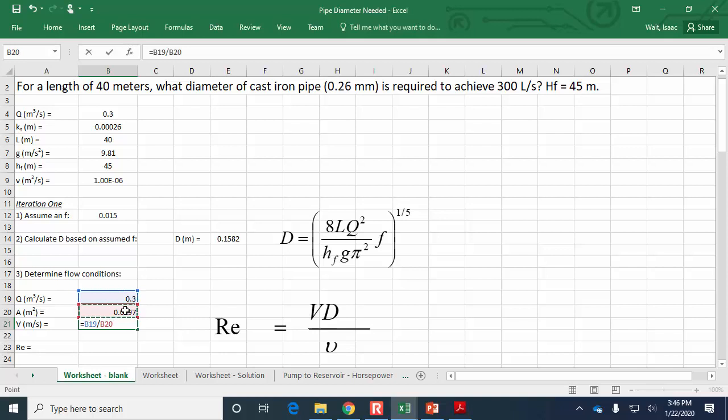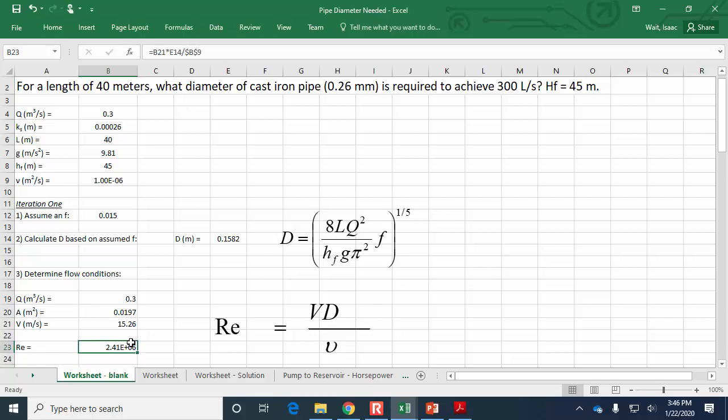So this is all now like a what if. The water would be flowing 15 meters per second if this was the diameter. Well, what would be the Reynolds number if the water was going that fast? It would be this velocity times the diameter of the pipe divided by the kinematic viscosity.